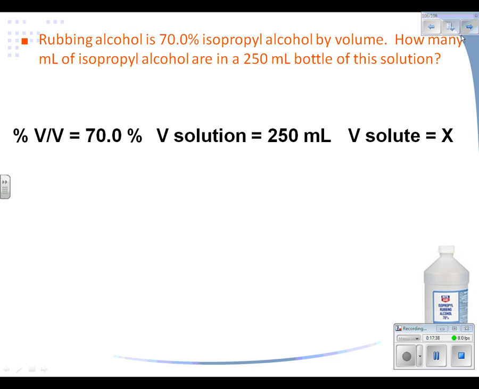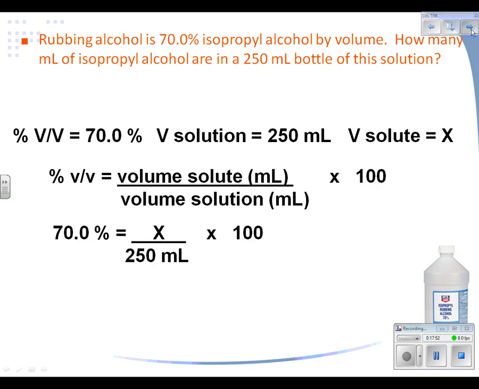Since we know the percentage is 70% and the volume of the solution is 250, we can figure out how much isopropyl alcohol is actually dissolved into that water. 70% gets divided by 100, which becomes 0.7. Then we cross multiply by the 250 to find x. That gives us 175 milliliters of isopropyl alcohol.